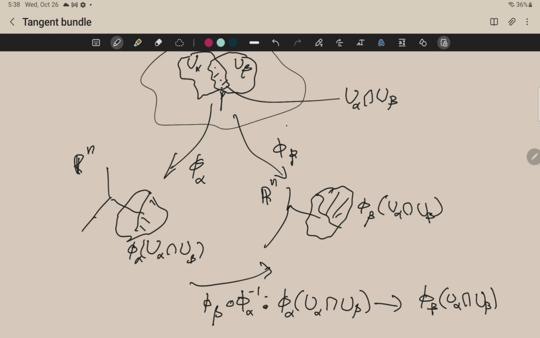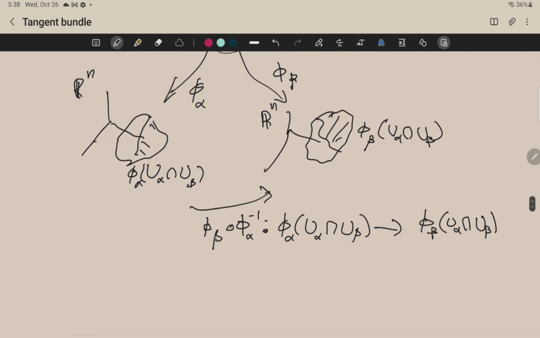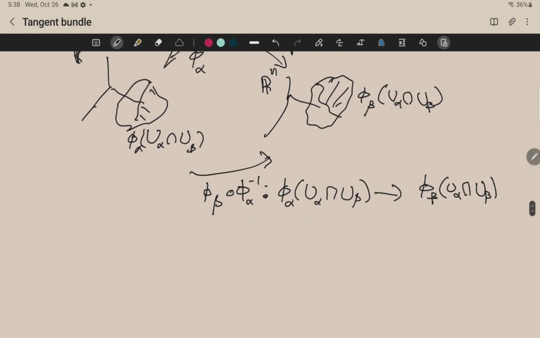Now going back the other way, you do the same thing, but this time you go the other way: phi beta inverse composed with phi alpha.